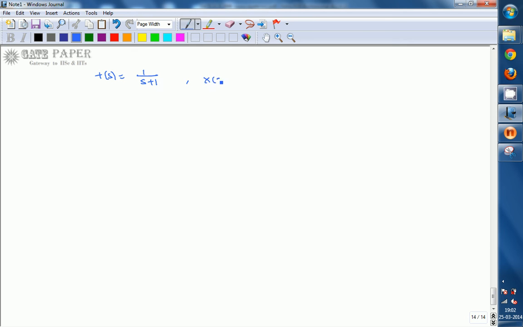So x of s is nothing but the Laplace transform of u of t, that is the input, which equals 1 by s, we know that. So by calculating the output y of s equals h of s into x of s, we will get it as 1 by s into s plus 1. Now we need the steady state value for this output.